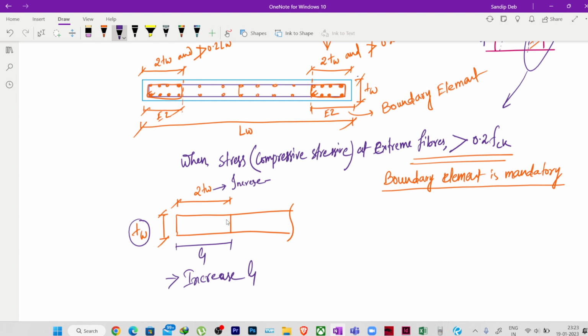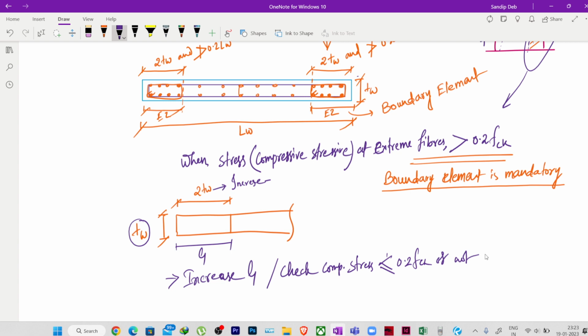By increasing L1, we will check whether the compressive stress is less than or equal to 0.2 FCK or not.